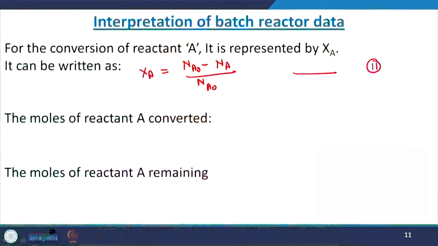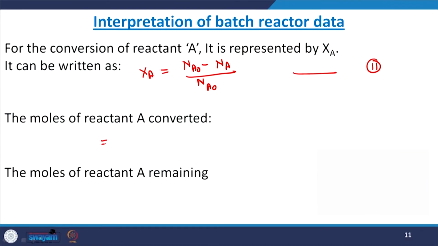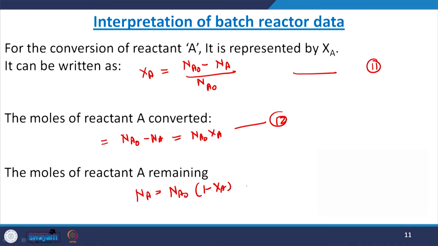Now, the moles of reactant A converted, referred to as Na naught minus Na, is equal to Na naught Xa, and the moles of reactant A remaining within the system are Na naught times 1 minus Xa. This is referred to as equation number 3.